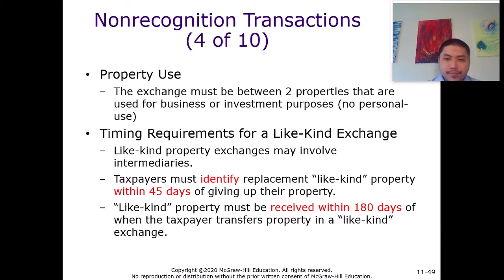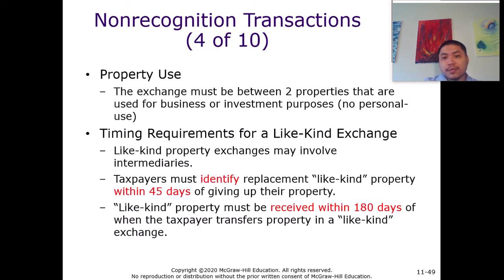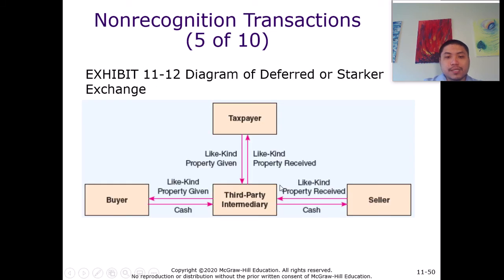So the taxpayers must acquire the replacement properties within 180 days since they gave up their like-kind properties, right?